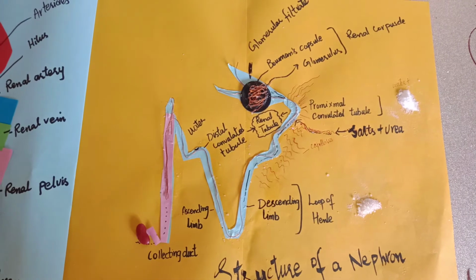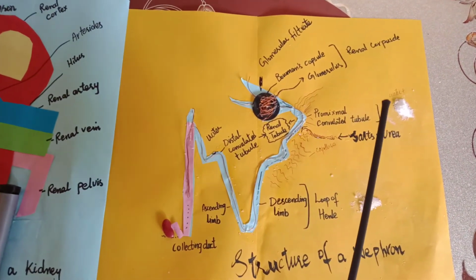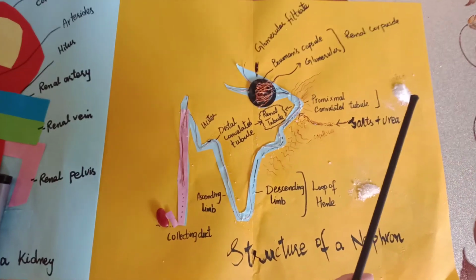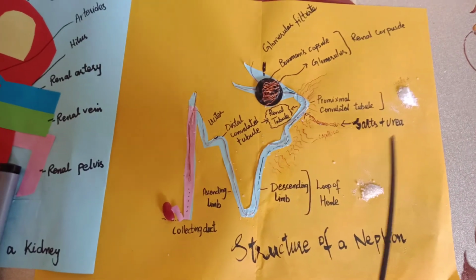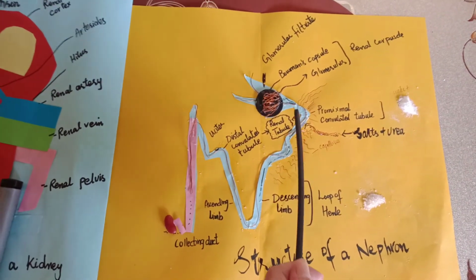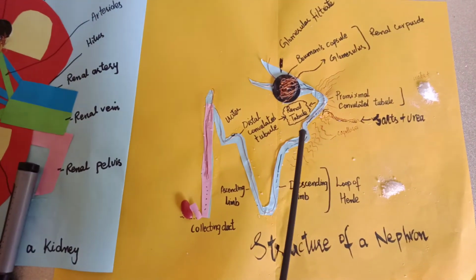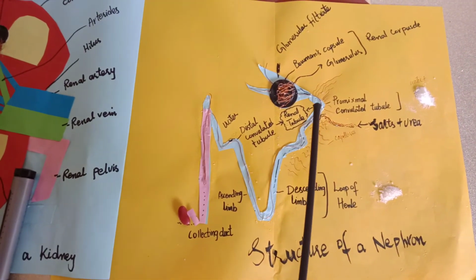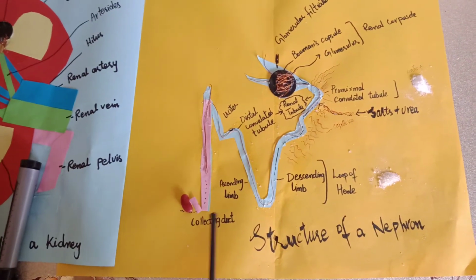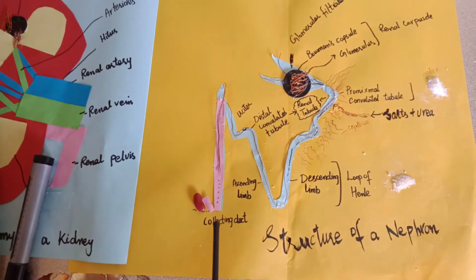Now I will discuss tubular secretion. When the useful materials are being reabsorbed from glomerular filtrate into the blood, some waste materials such as salts and urea are added from these blood capillaries to the renal tubule. Now the filtrate present in the renal tubule is urine, and urine from all the nephrons moves to the renal pelvis.